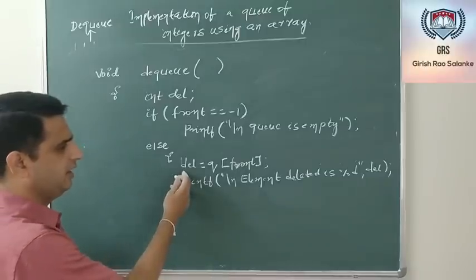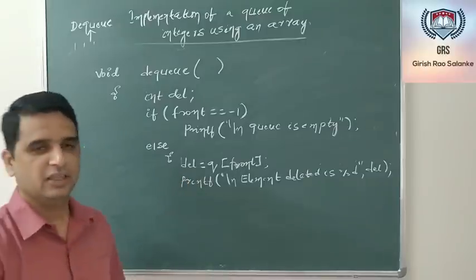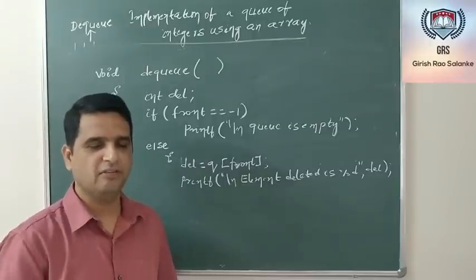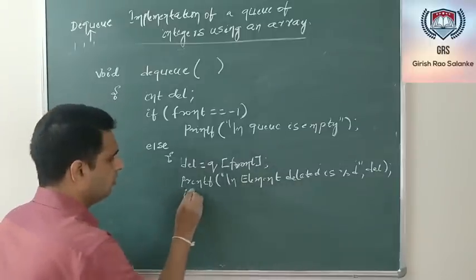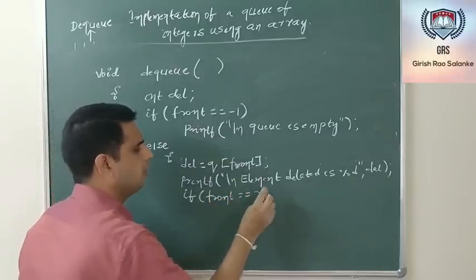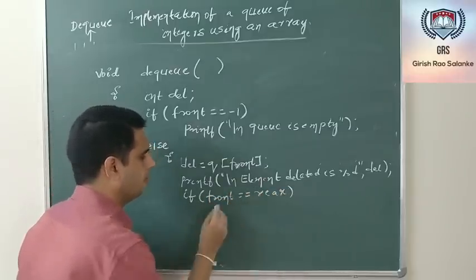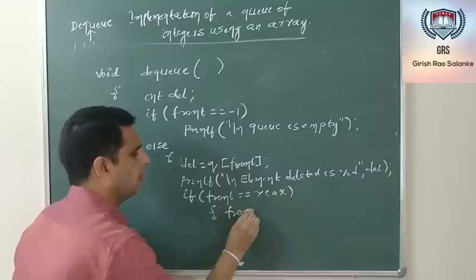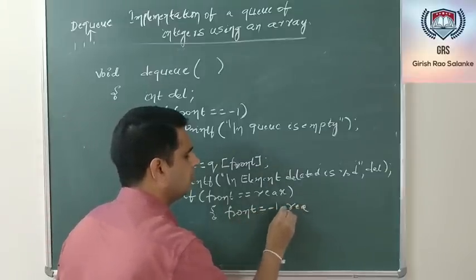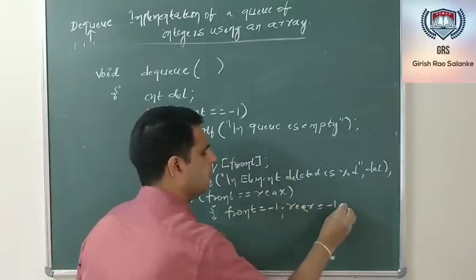Now after deleting the element, I need to check if there was only one element in the queue. After deleting, I should reinitialize f and r to their initial values. So if front is equal to rear, I'll initialize front to -1 and rear to -1.